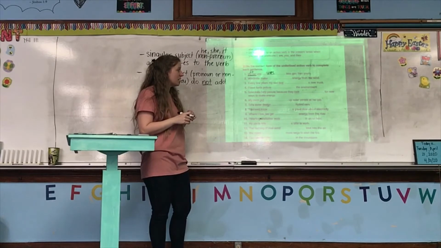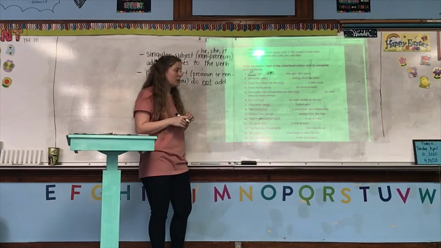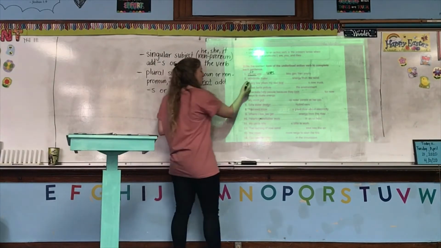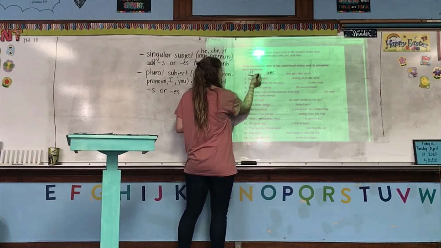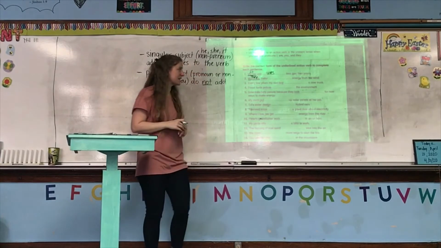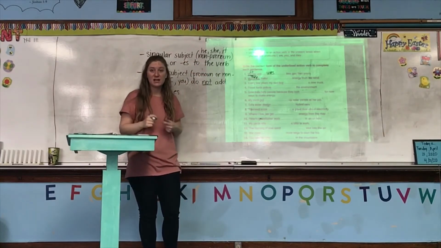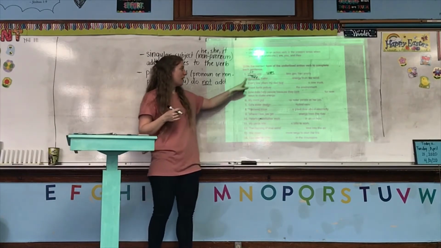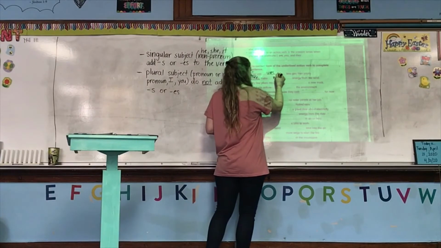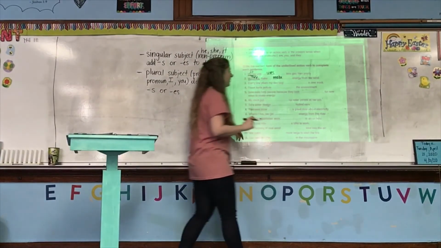Number 2, windmills make energy from the wind. Well, we know that sounds right because windmills is a noun that we could replace with they, because again, windmills means more than one object. We would not use we because we're not including ourselves with these windmills. They make energy from the wind.